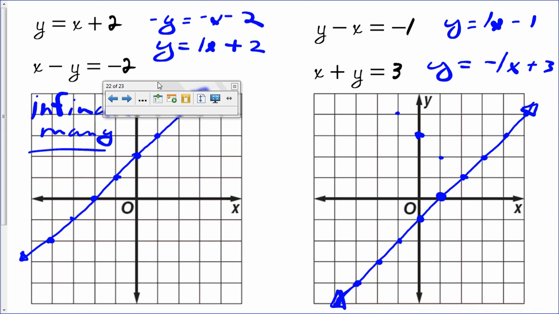Did I run into the other line? Okay, so what's that point going right there gonna be? 2 and that's your solution right there. Pretty easy, yeah?